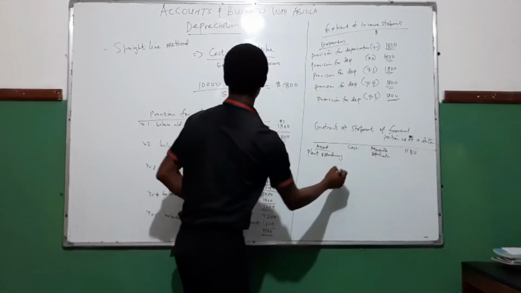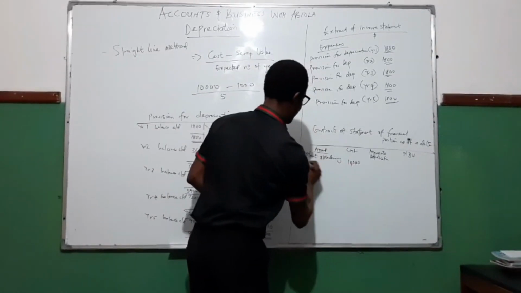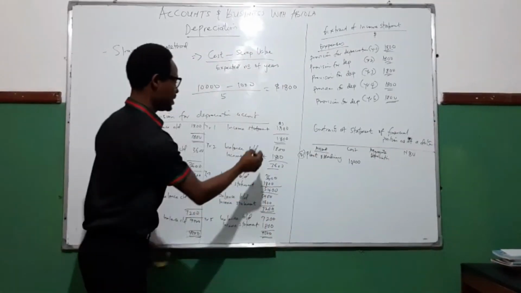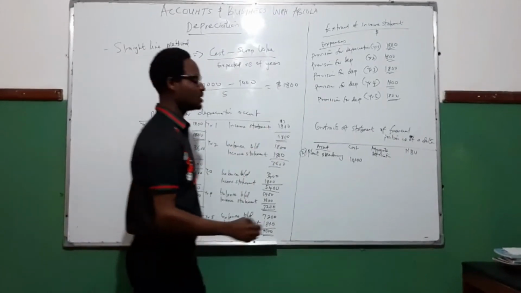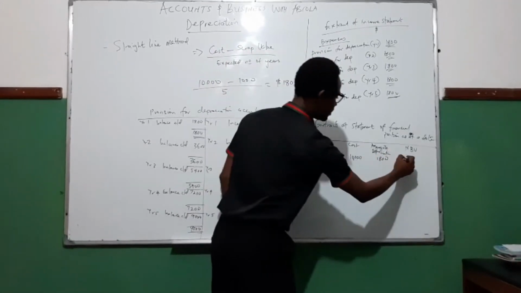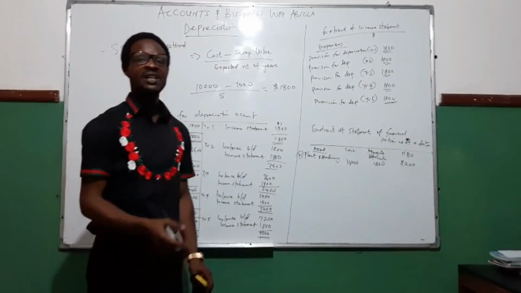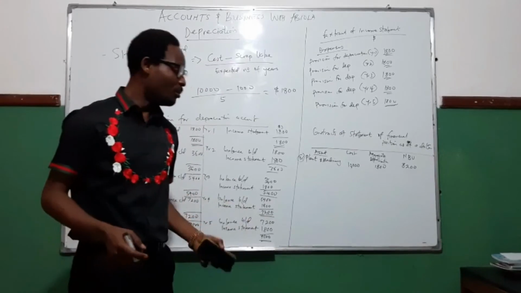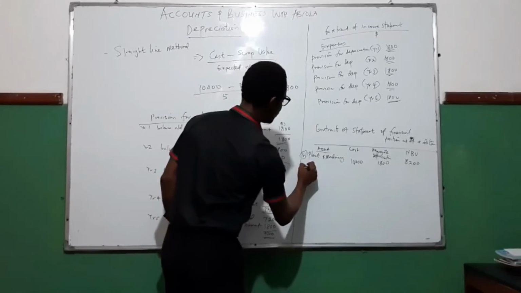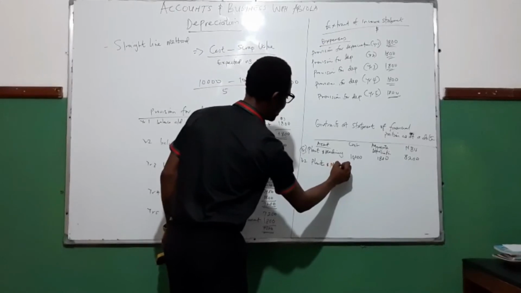The cost of the asset from this question is $10,000 for year 1. The depreciation for year 1 aggregate is 1,800. So we have the value of 8,200 as our net book value. That means at the end of the first year, the value of the asset had reduced to 8,200.